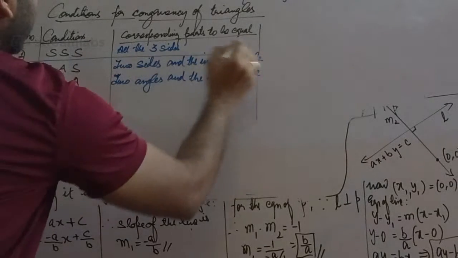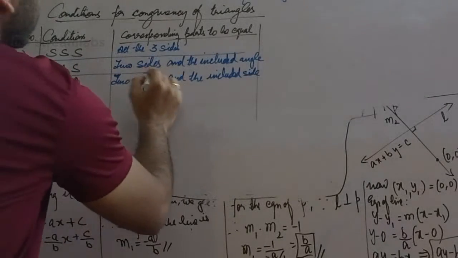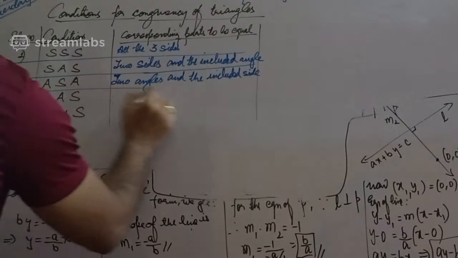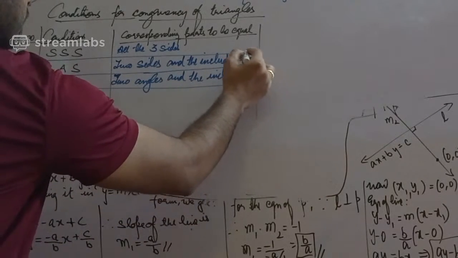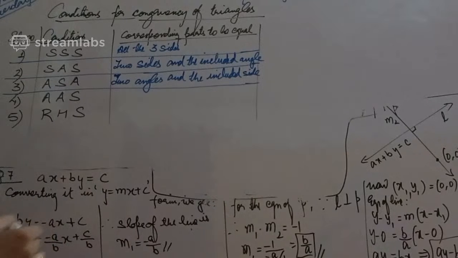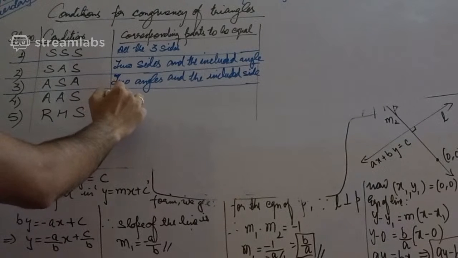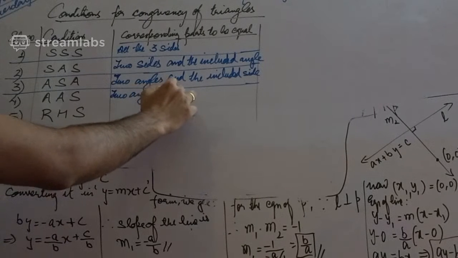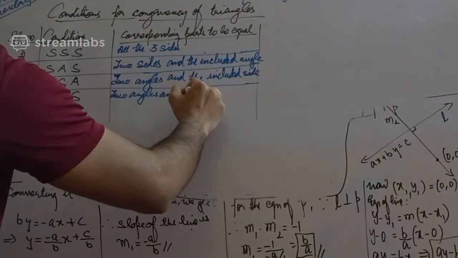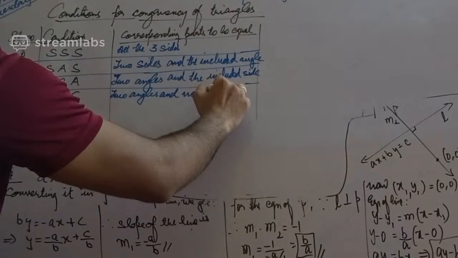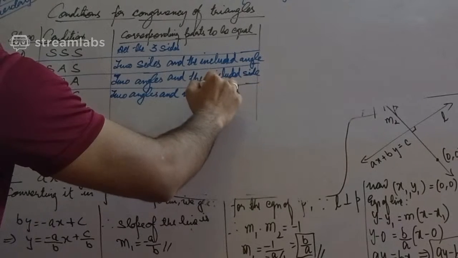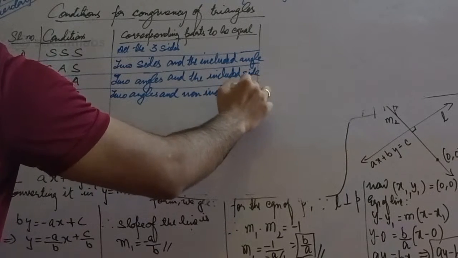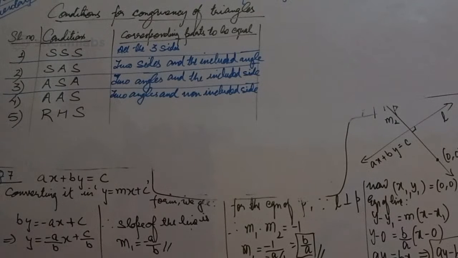Like if I make a line, so that you will not get confused. Now angle side means two angles and a non-included side. The non-included side will also work. Any two angles and the non-included side, or we can say the third side, but always.